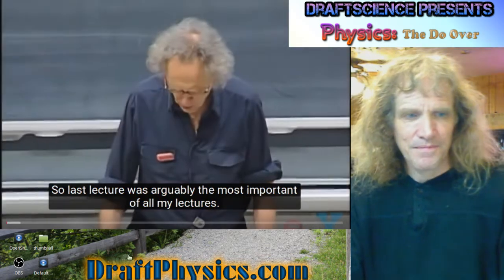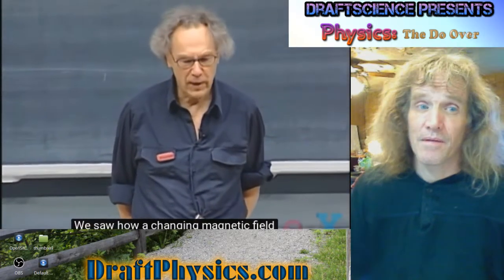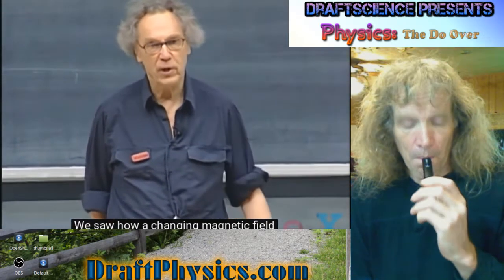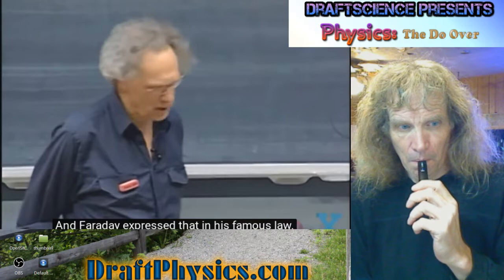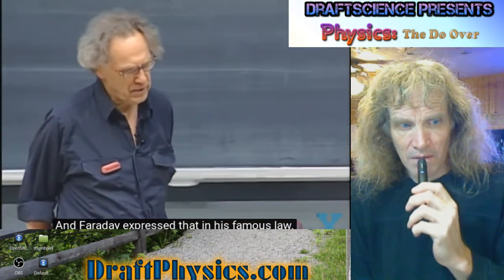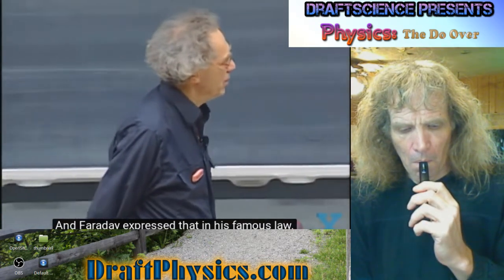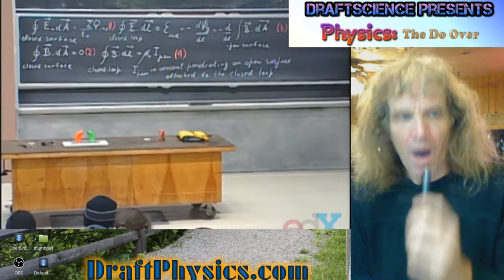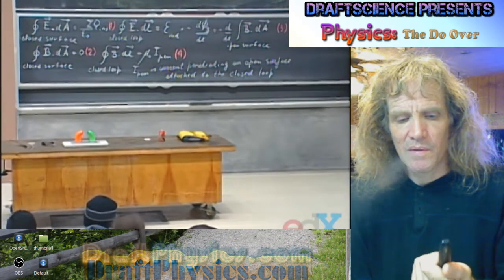This lecture was arguably the most important of all my lectures. We saw how a changing magnetic field can produce a current, an induced electric field, an induced EMF. And Faraday expressed that in his famous law, his famous equation, which you see there on the blackboard. You select a closed loop in your circuit.